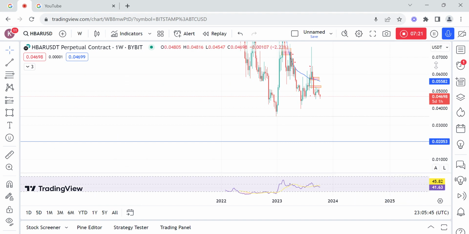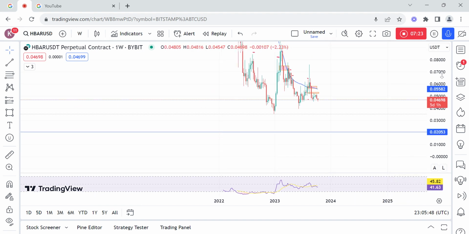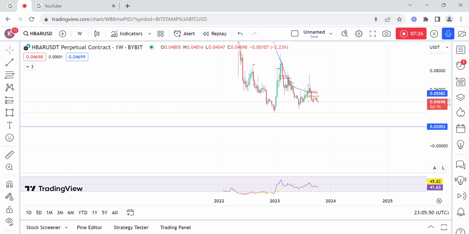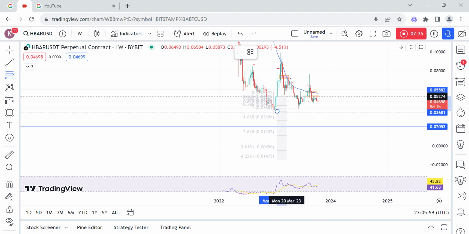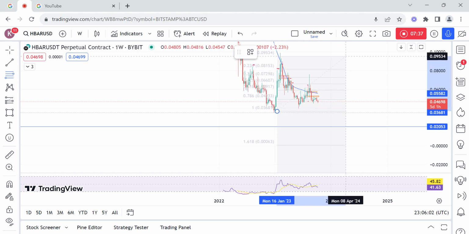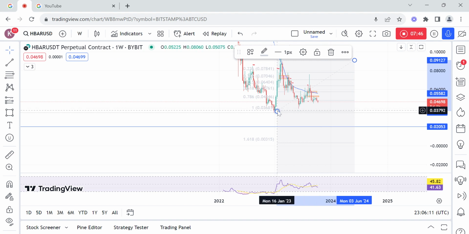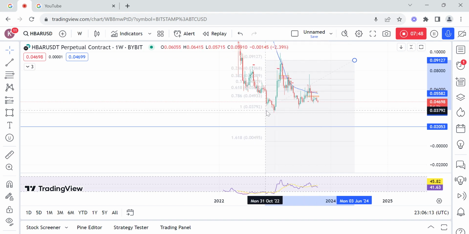So what are our possible projections for H bar? All right, because there's not enough structure here, I'm going to use our Fibonacci tool to assist us in projecting H bar. Okay, so let me use it.